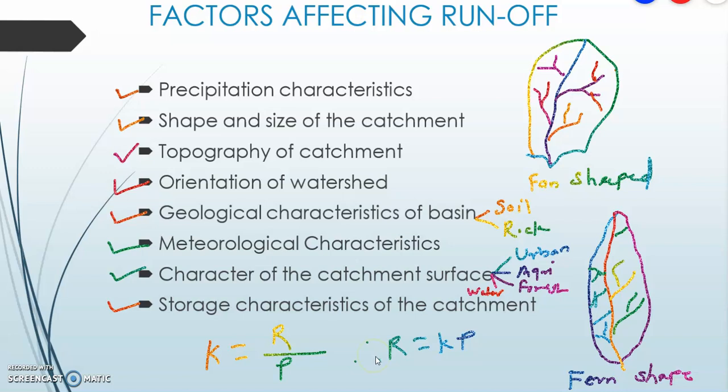Suppose if a commercial, industrial, or urban area is there, then the value may be near about 0.9. If a forest area is there, then it has 0.05 to 0.2. If concrete pavement is there, then it has 0.85. So like that, there are the values. These are the standard values, from which we can calculate the runoff, or get an idea that this much amount of runoff can be generated.